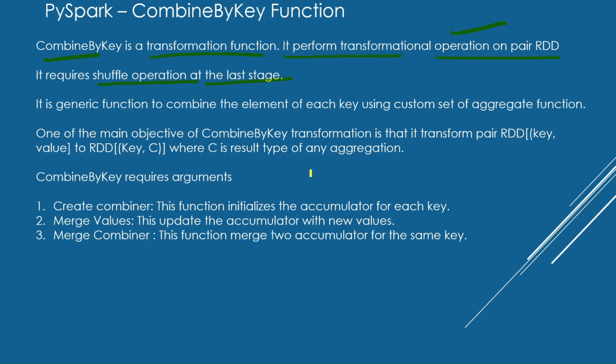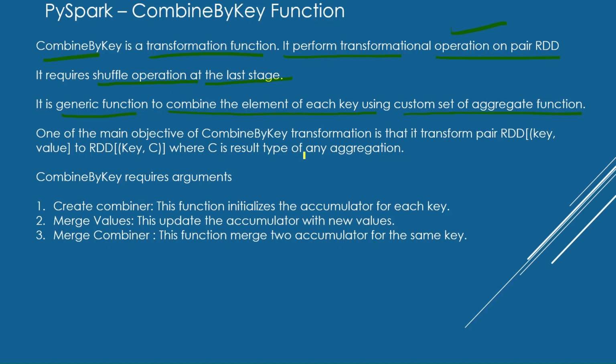Whenever we do any kind of aggregate function on top of the partition which is created by each key present in an RDD. So it is a generic function to combine elements of each key using a custom set of aggregate functions. So this is a very generic function.